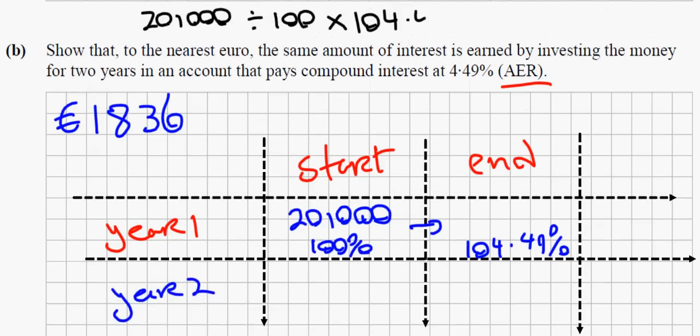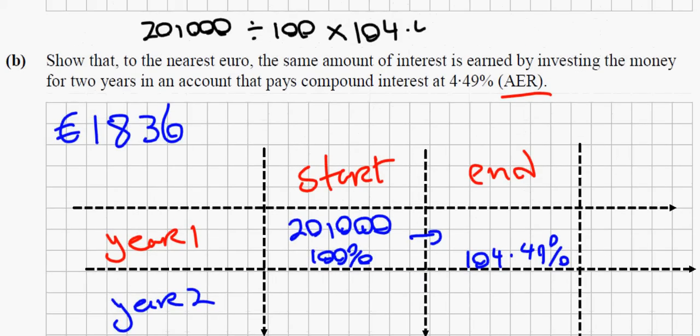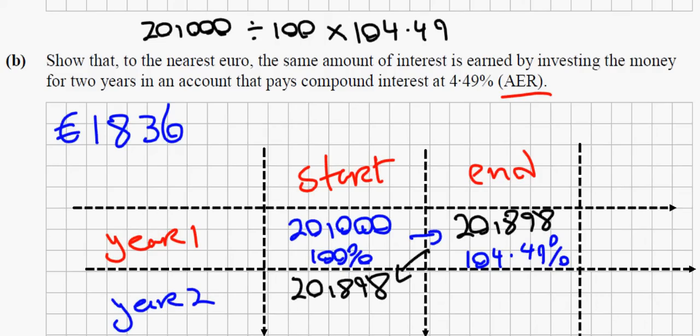So 20,000 divided by 100, multiply by 104.49. And what we're going to get here is 20,898. Now, what is at the end of year 1 is also the start of year 2, which is 20,898.